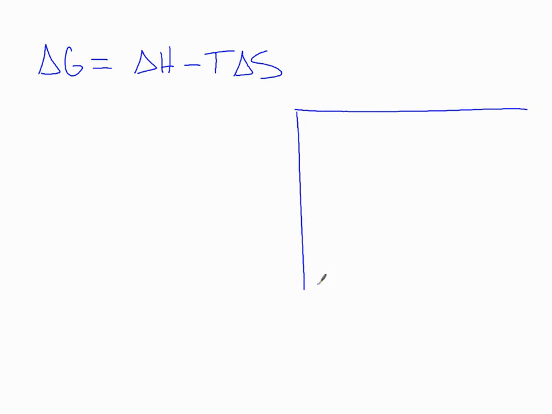So Gibbs free energy, there is a formula here, and delta G is Gibbs free energy, or you might just hear it called free energy. It is defined as the change in enthalpy minus the temperature times the change in entropy. So there's a chart here. So let's make the chart.